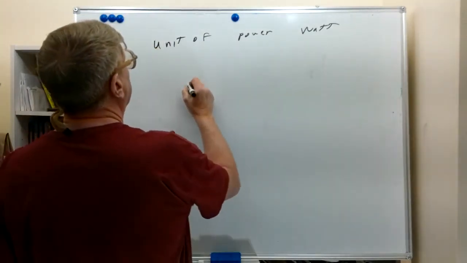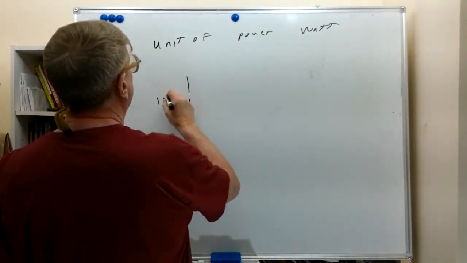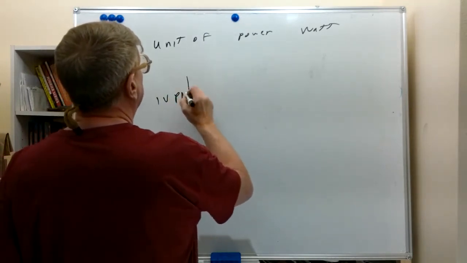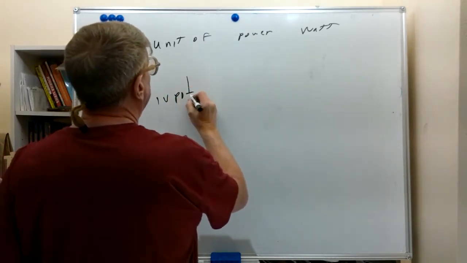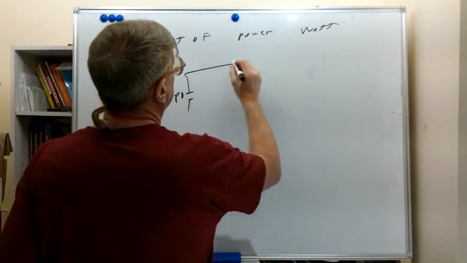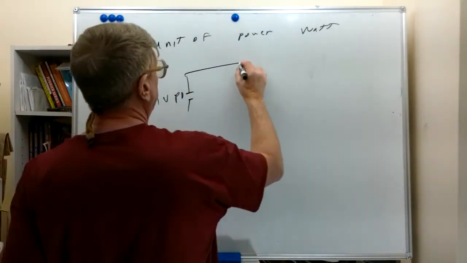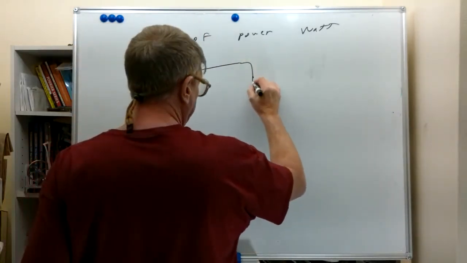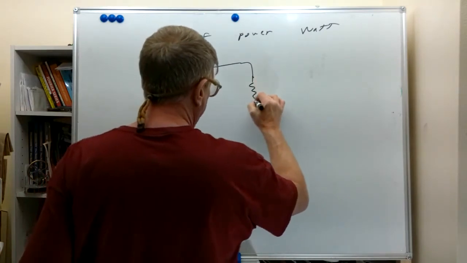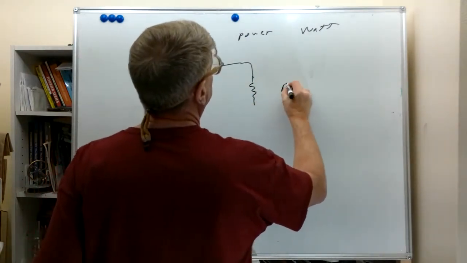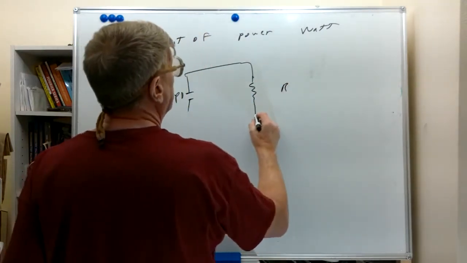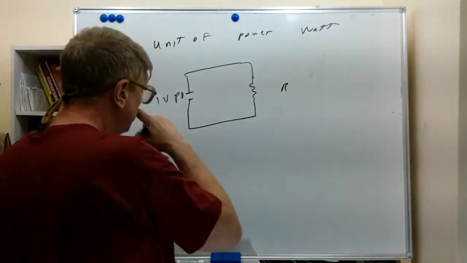So we're going to draw a circuit here, 1 volt PD. We're just going to draw a resistor. We don't really care what the value of it is at this point.